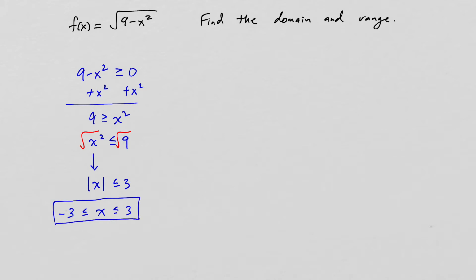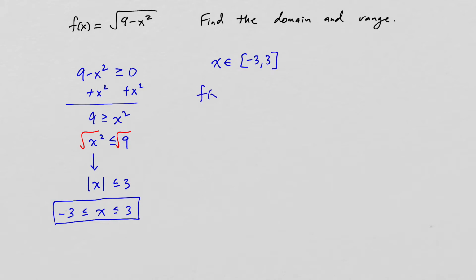Now for the range, you have to think this way. If you plug in all of these numbers for x in your domain, what kind of number are you going to get out of the function? And it's actually not that hard to think about. So again, we know that x belongs to the set of numbers between negative 3 and positive 3.